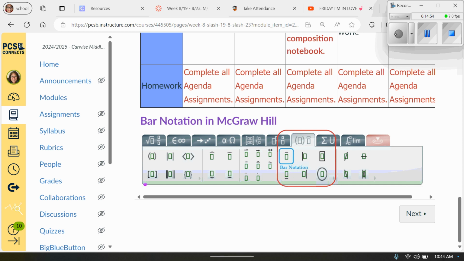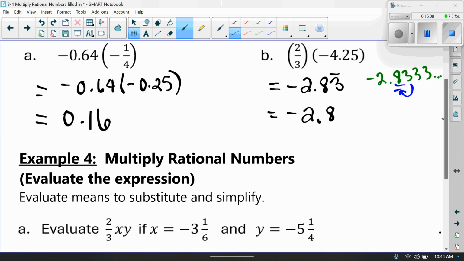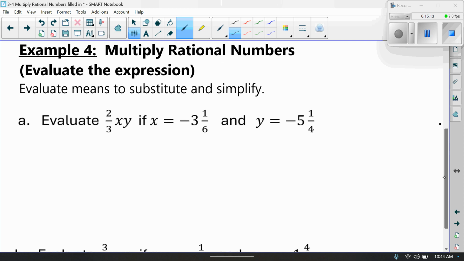All right, I would like for you to highlight what evaluate means. So example 4, we are multiplying rational numbers and we are evaluating expressions.